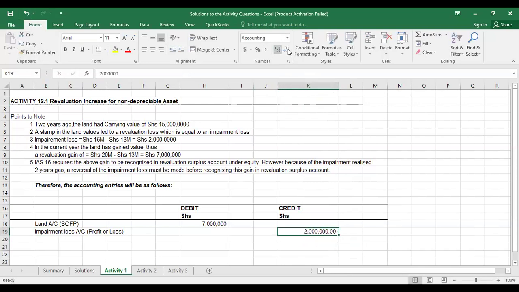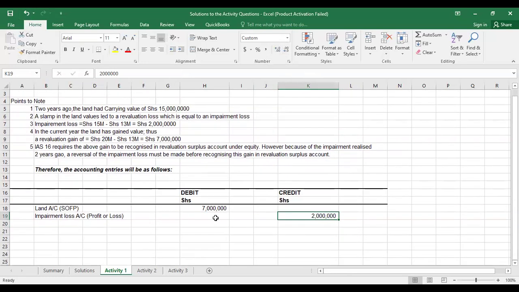Because we are making an adjustment, this 2 million is coming in as an adjustment. So it's like this loss is being taken out. From our knowledge of financial accounting, our expenses have a normal debit balance. Now we are crediting the expense, which means we are decreasing that expense.